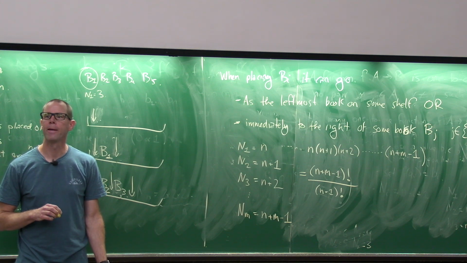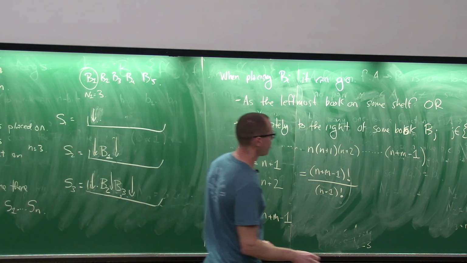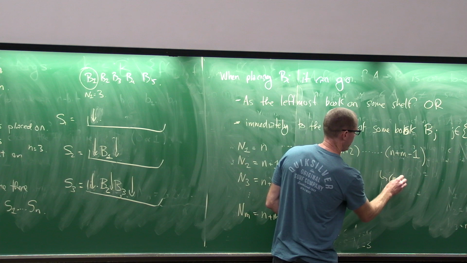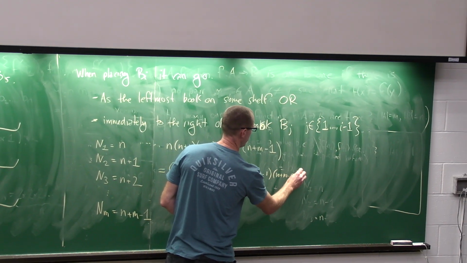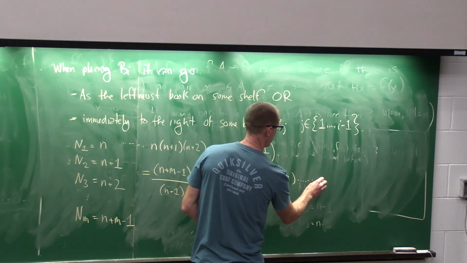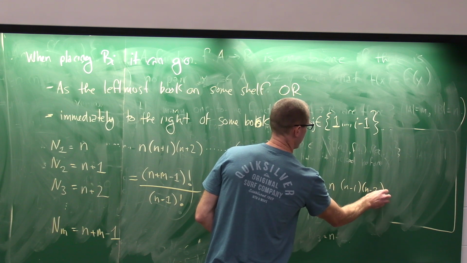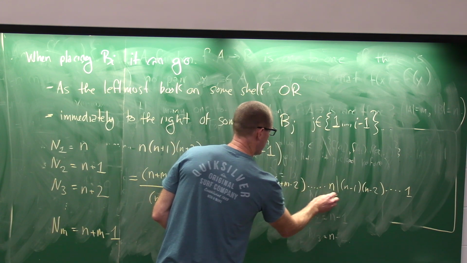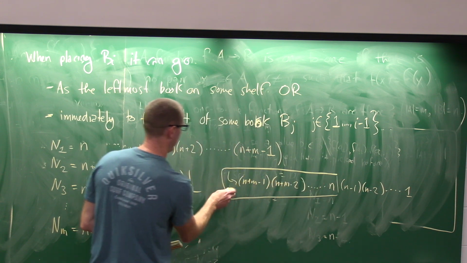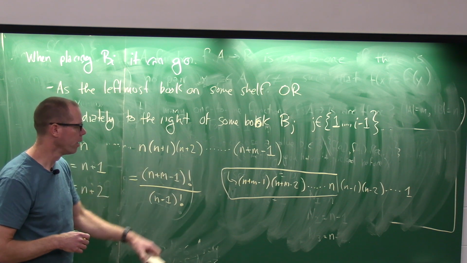Yes? I don't really understand why you did n minus 1. Let's write this the long way. N plus m minus 1, n plus m minus 2, all the way down to n, and keep going all the way down to 1. So this thing here, that's this thing, right? It's just writing it the other way around, okay?